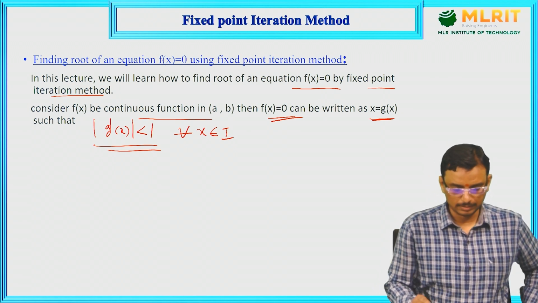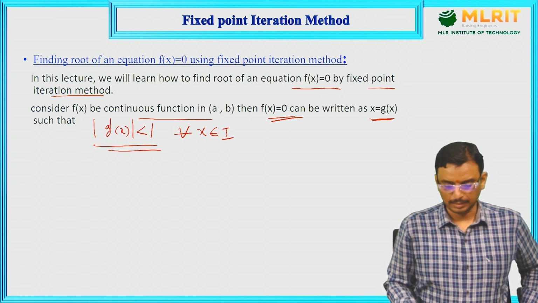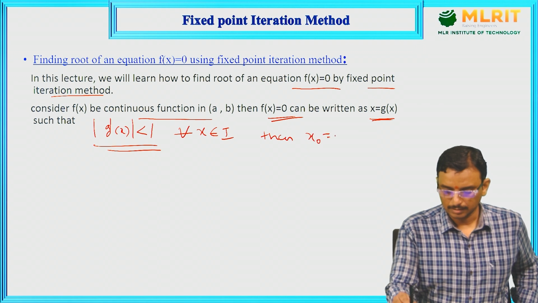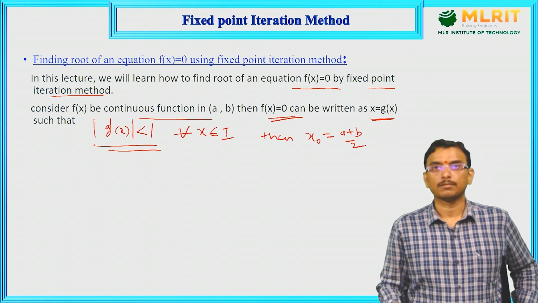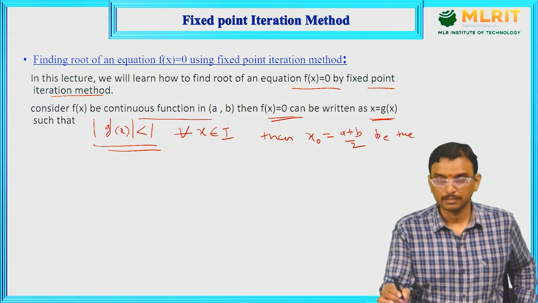Now we will see one example on this, how it works. Before going to this, if modulus of g dash of x is less than 1 for every x belonging to the interval, then x naught is equal to a plus b by 2 is taken as the initial value or initial guess.